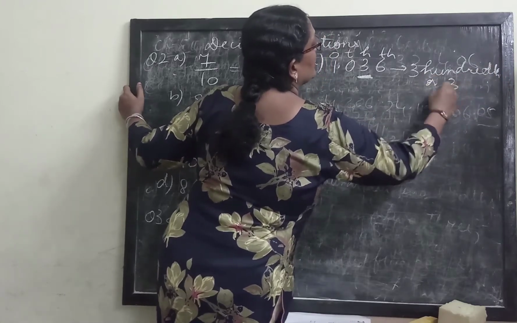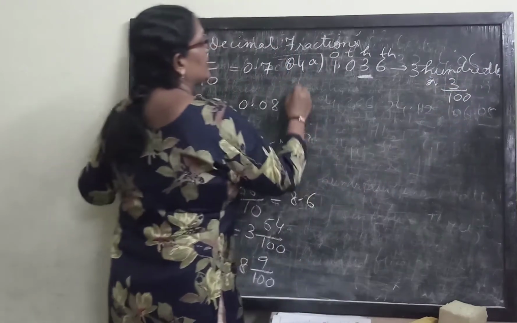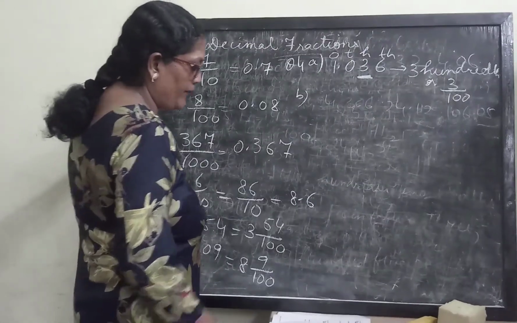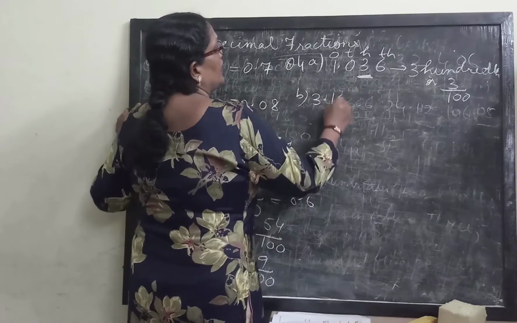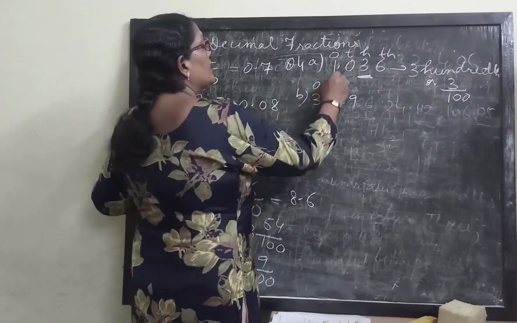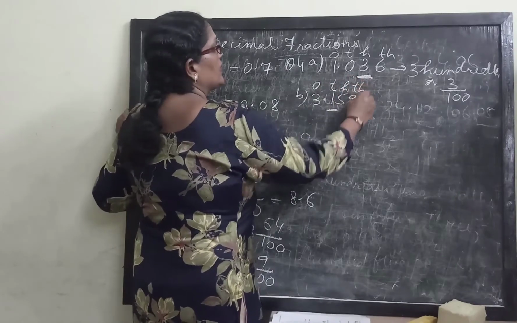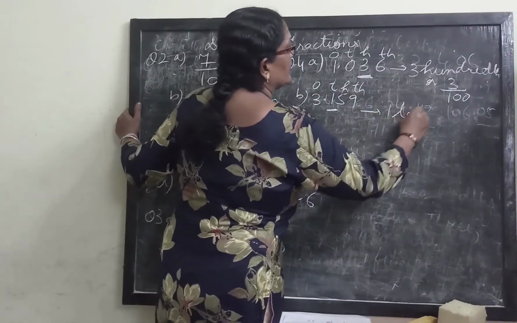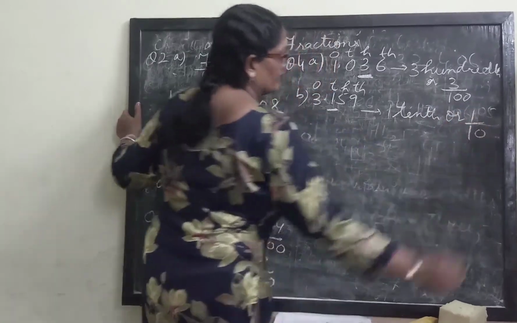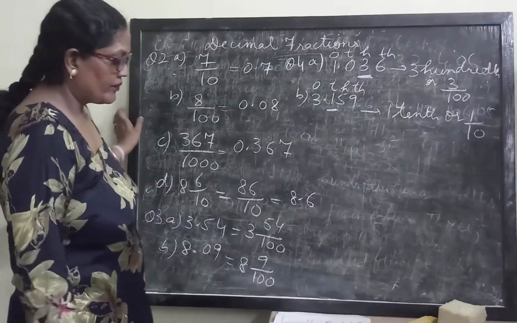Or you can write 3 over 100, it is the same thing. Next, 3.159. Now 1 is underlined. Again this is the ones place, 10, 100, 1000. So 1/10 or 1 over 10. Got it all of you?